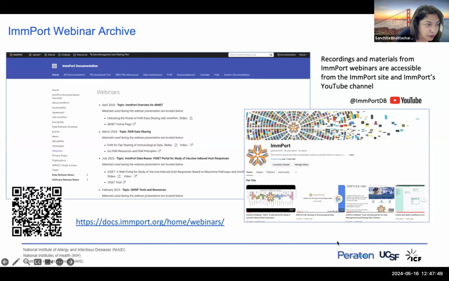First of all, thanks for your participation. I just wanted to show you some ways that you could go to the ImmPort website. If you or your colleagues didn't get the chance to attend the webinar, ImmPort webinars are archived and posted on the ImmPort website. The link is provided at the bottom, or you can scan the QR code, which will take you to the webinar archive webpage.